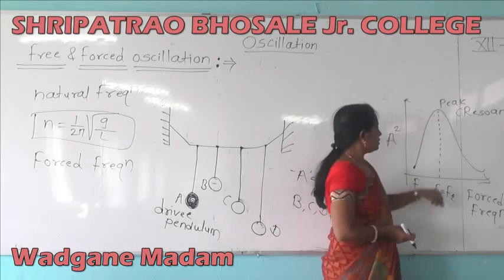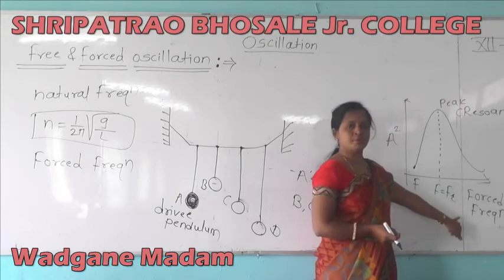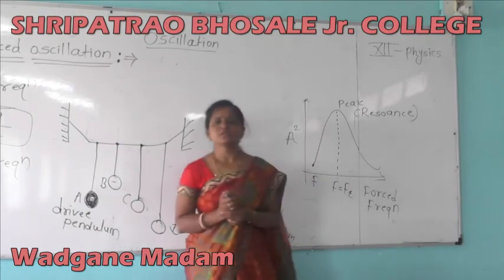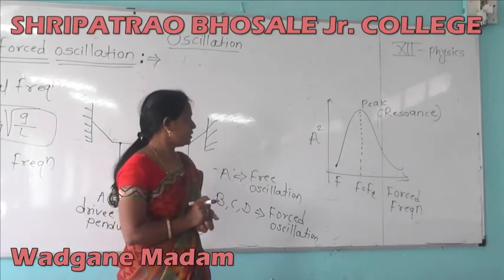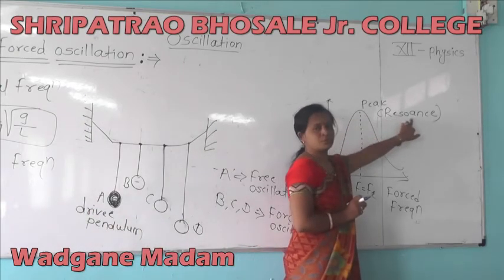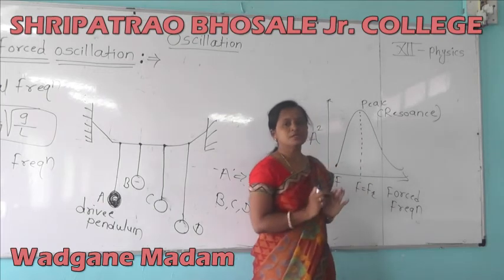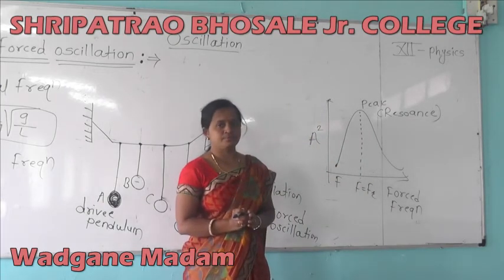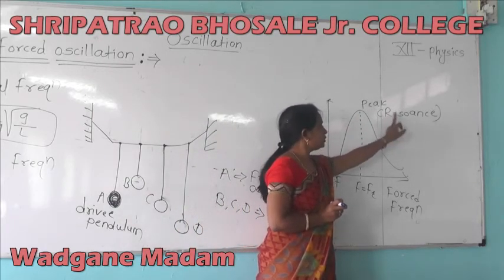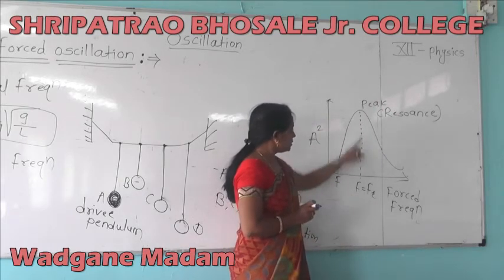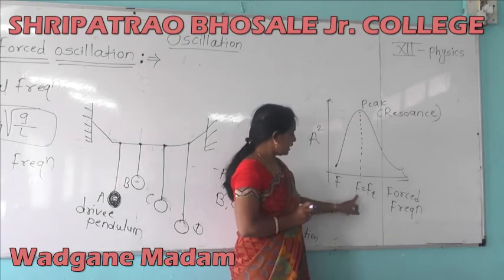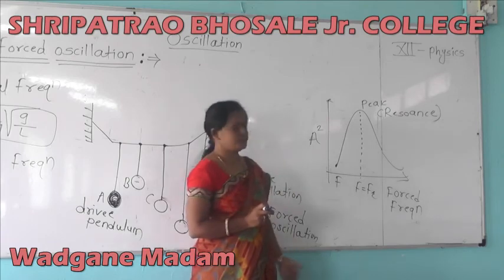When the natural frequency is equal to the forced frequency, the peak occurs, and it is called resonance. Here, the dotted line shows that the peak occurs and resonance forms when the natural frequency is equal to the forced frequency.